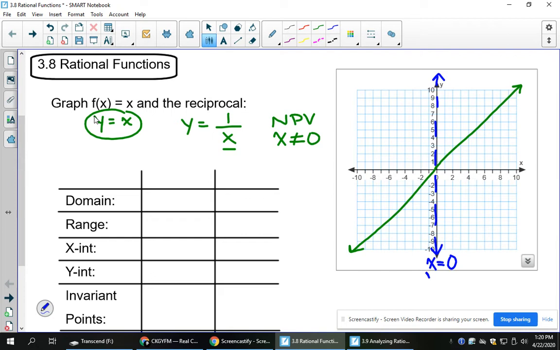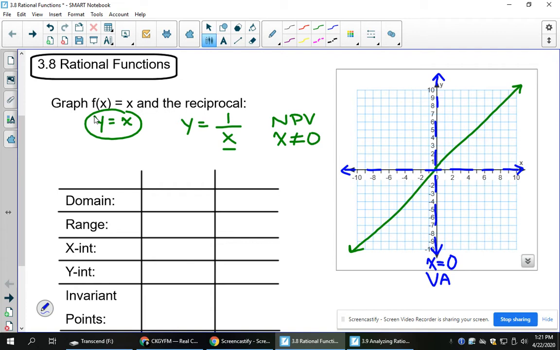And this is what we call our vertical asymptote. Now for this one, there's also a horizontal asymptote that exists at y equals 0, and I'll show you in a future question how to find that from the equation. And then we're ready to draw a reciprocal.